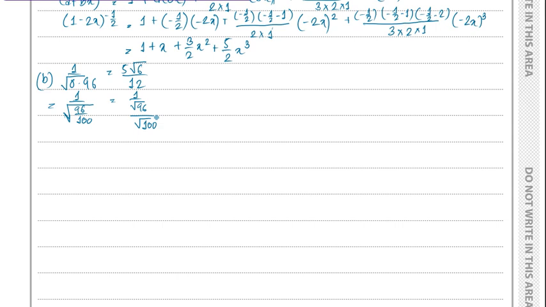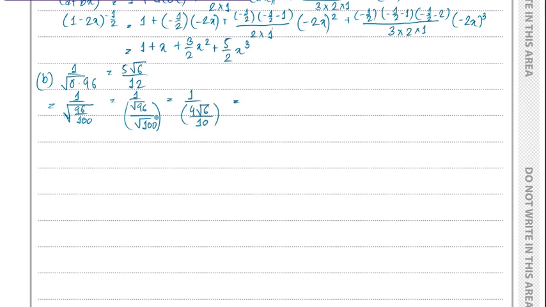So it will be 1 by root over 96 divided by root over 100. Let me give a bracket here so it's easier to understand. Root over 96, if you place that in your calculator, comes out to be 4 root 6, and root over 100 is 10.